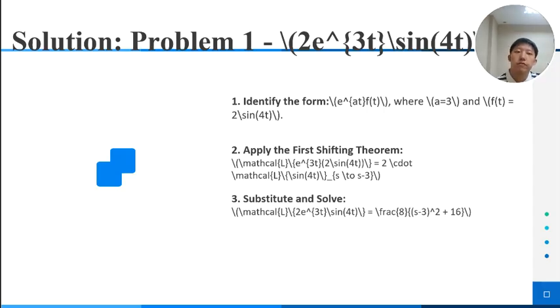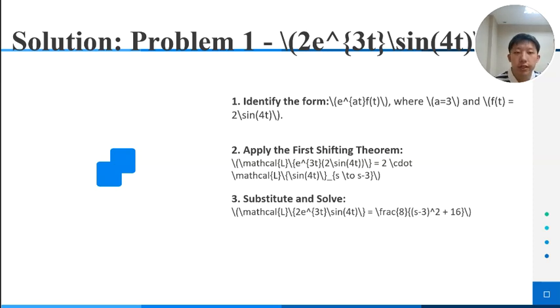Let's start with the first problem. The function is 2e^(3t) sin 4t. This is a classic example for applying the first shifting theorem. We interpret a as 3 and the base function f(t) as 2 sin 4t.